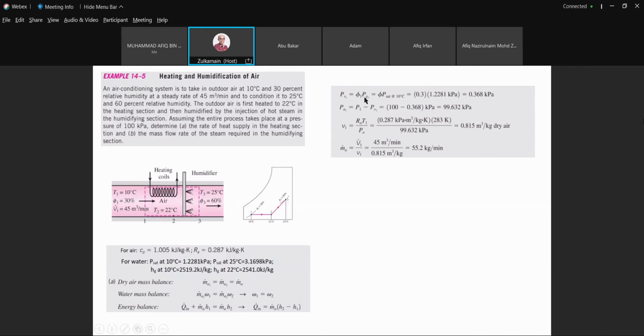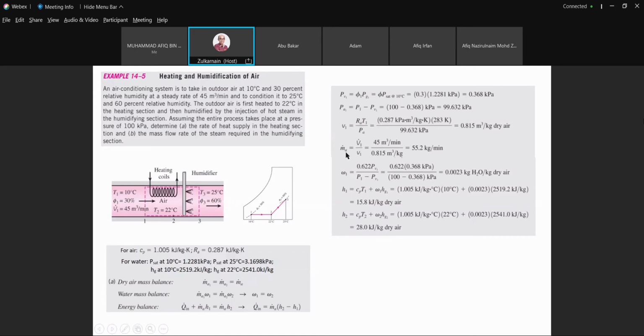From this relative humidity, we get Pv1, the partial pressure of vapor at state 1. Then we know the P value, so we can get Pa1. We put this Pa1 into the v1 equation, solve for v1, then solve for m dot a.